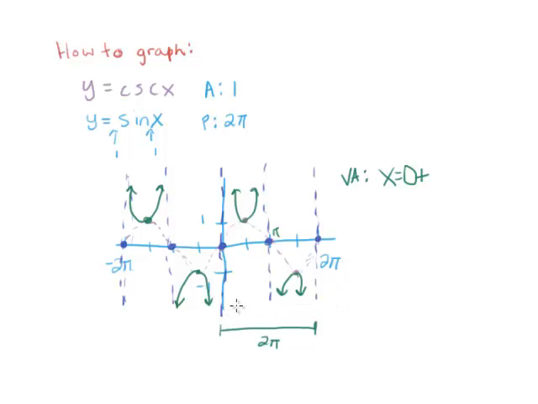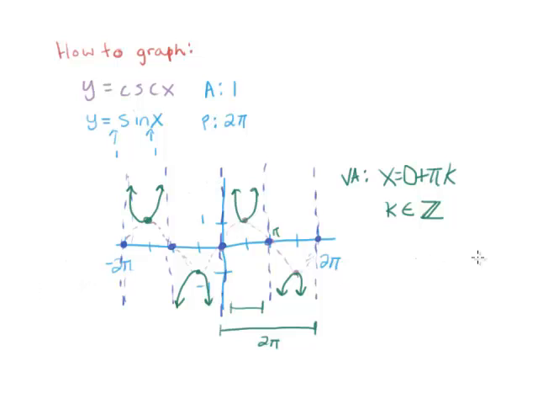It's pretty easy to see for this, they're happening pi apart. So our asymptotes are at 0 plus pi k, or any other asymptote we could pick plus pi k, where k is an element of the integers.